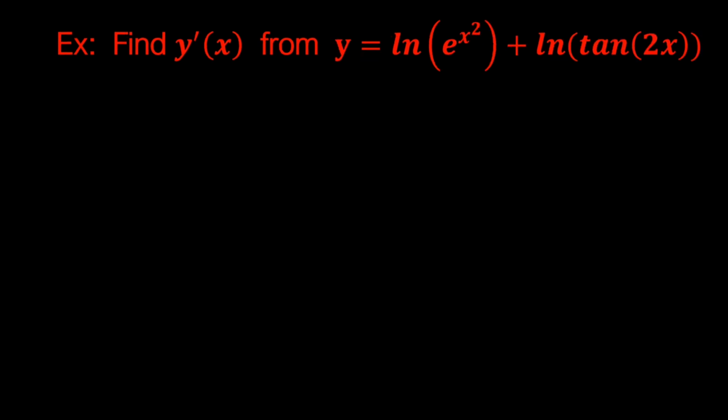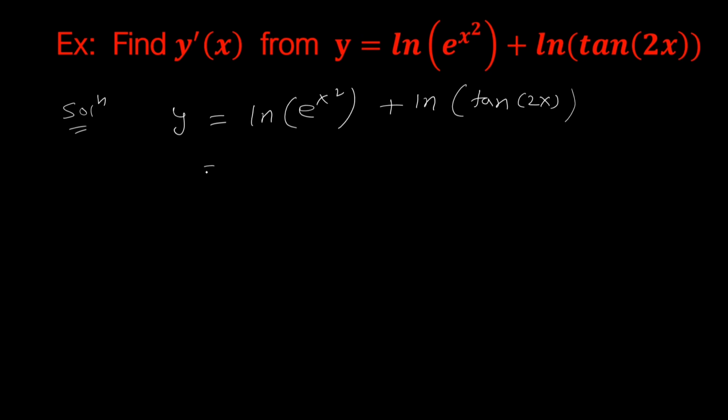Find y dash x from y equal to ln e to the power x square plus ln tan 2x. Before solving this, we will do a little simplification. We can write y is equal to ln e to the power x square plus ln tan 2x.